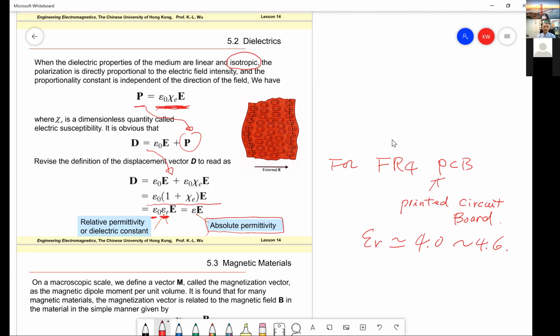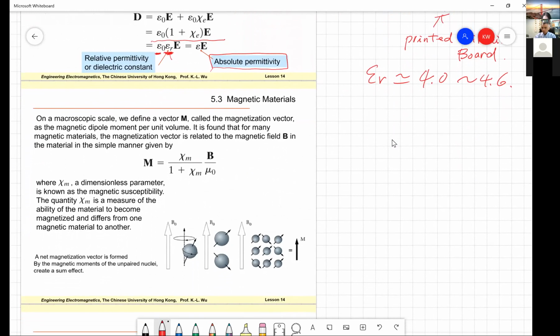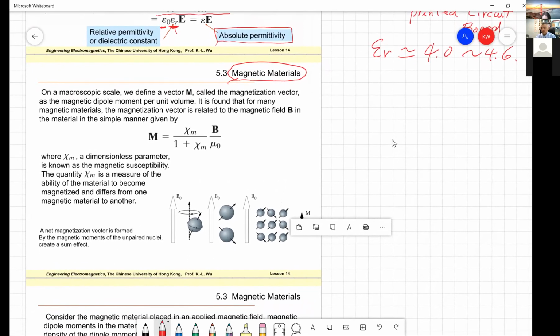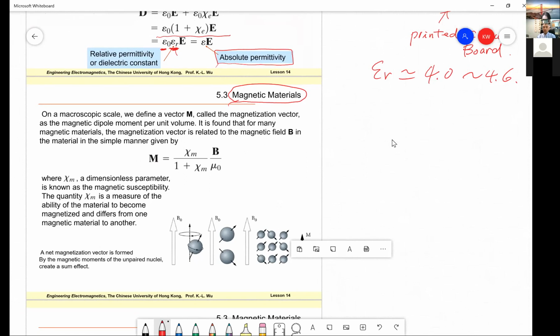Okay, we only need to care about electric property. And for some special material, which we call magnetic material, this is a special type of material. For those special types of material, we have a lot of special applications.